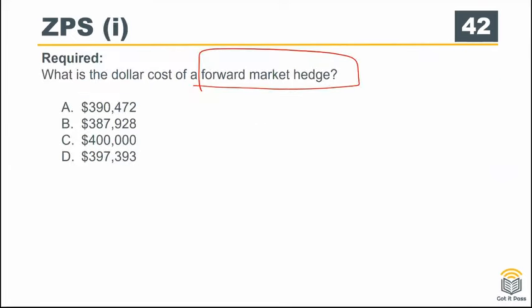Here I just check it out. The bid price is 12.805 and the ask price is 12.889 pesos per dollar. Which rate should be used? 12.805, the bid rate.